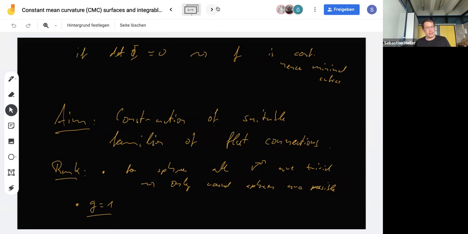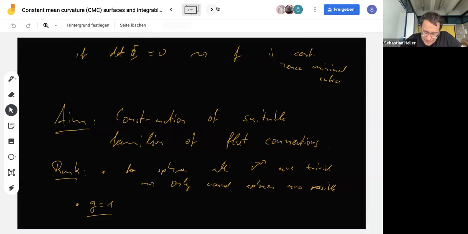And later on, Andrews and Li built up on that technique of Brendle and proved that this basically classified the embedded constant mean curvature surfaces in the 3-sphere. But one can describe all these surfaces in terms of somehow algebraic geometric data using this associated family of flat connections.